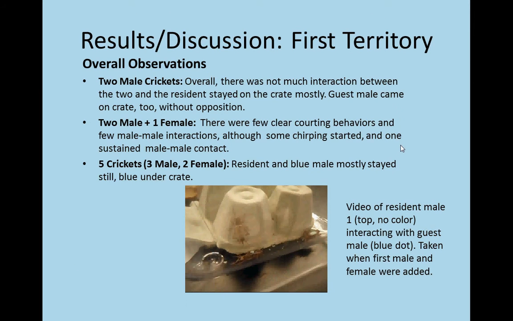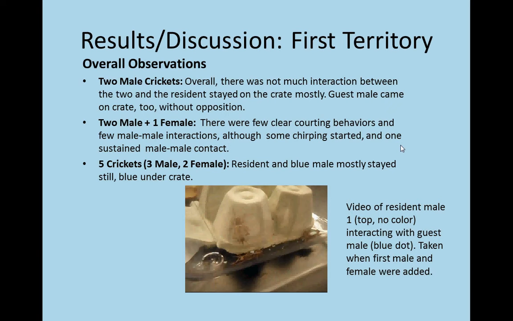So overall, the hypothesis was not supported because the resident male most of the time stayed still on top of the egg crate or engaged in mild contact with males and females. His aggression did not grow over time and only slightly grew when females were added.